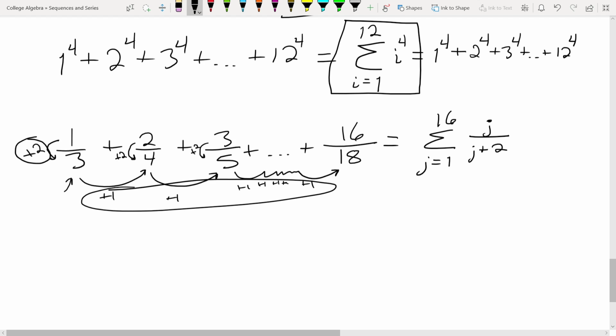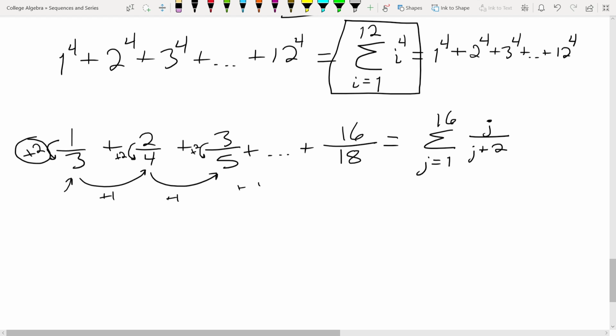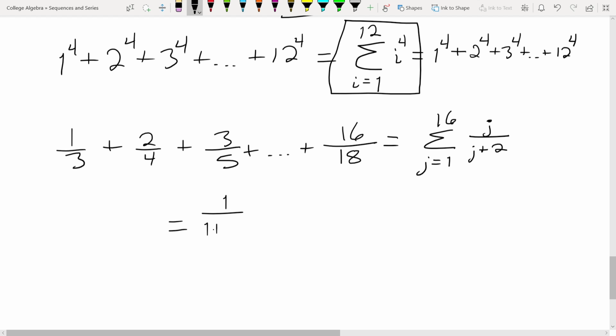Now, there's no way to know for sure that this is correct without testing it. I always recommend you test your series to make sure it's correct. All right, let's plug j equal to 1 into our expression here. We get 1 over 1 plus 2, and plus, j becomes 2 now. j is 3 now.